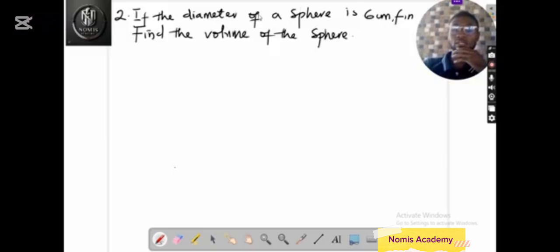So looking at this question, if the diameter of a sphere is 6 centimeter, find the volume of the sphere. So let's go into the solution.